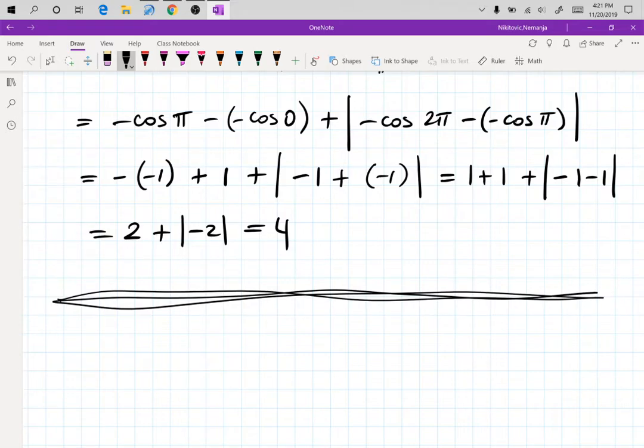Let's just solve a few of these and call it a day. So what about the integral from 3 to e squared of 2 dx over x?